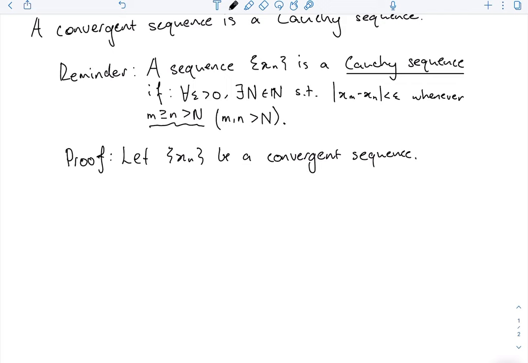Then what does it mean for xn to converge? It has a limit as n approaches infinity, and we'll define this limit to be L in this case.